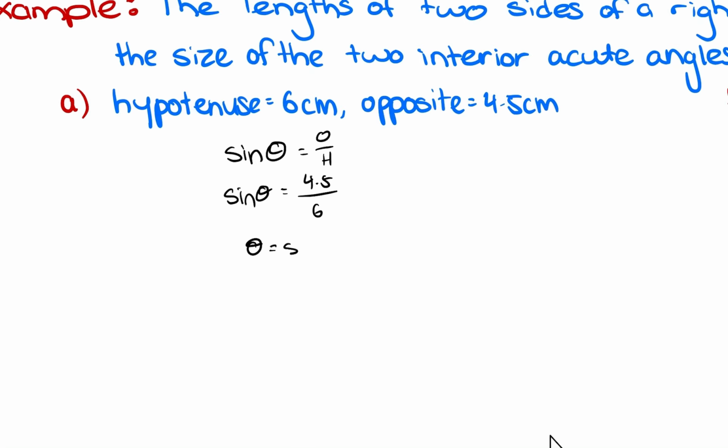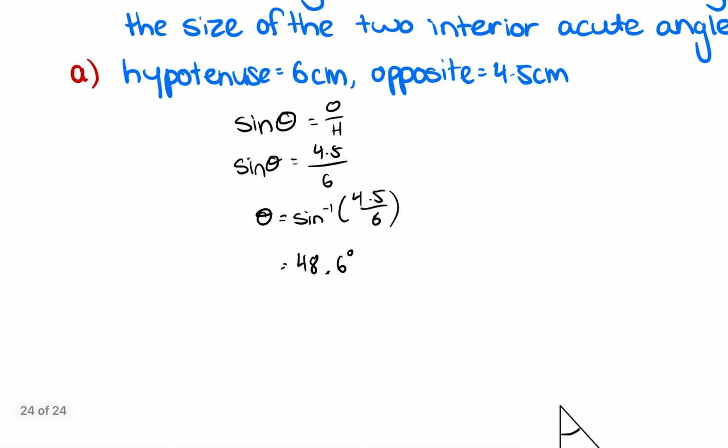Then we go inverse sine. Put that in our calculator: inverse sine, 4.5 divided by 6, and that gives us 48.6 degrees.